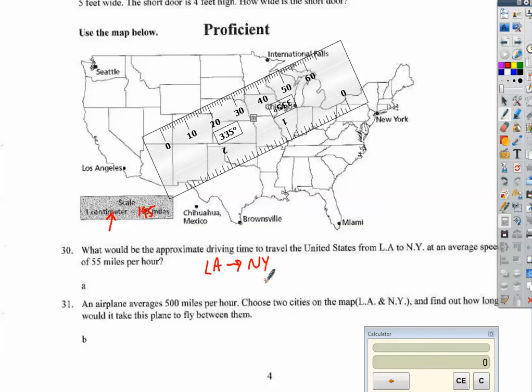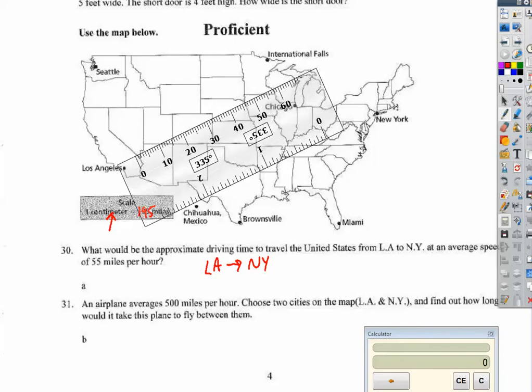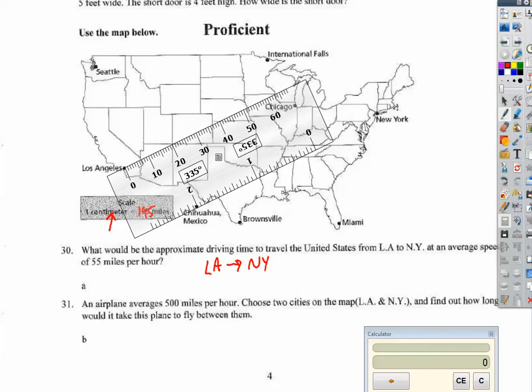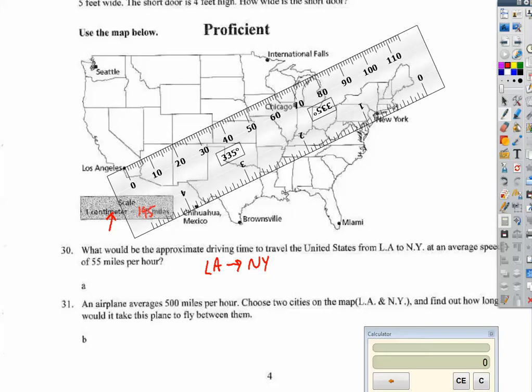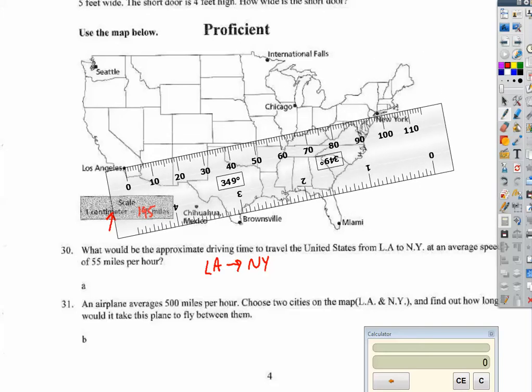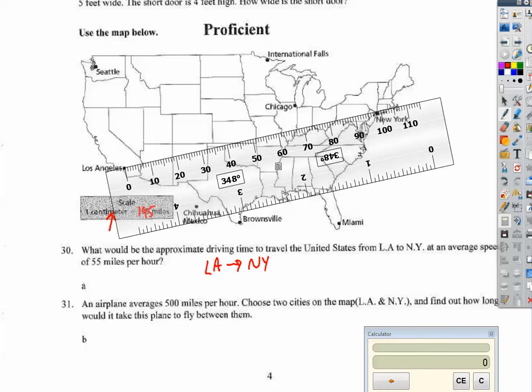So I'm going to take my centimeter ruler, I put the 0 in LA. I'm going to extend it and rotate it so that I'm on New York. So I can clearly see that New York is almost 100 centimeters from Los Angeles on this ruler. And it says that 1 centimeter is equal to 195. And I have 10.